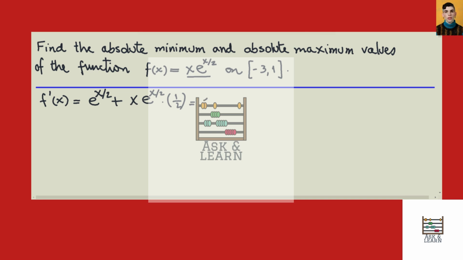And that is e to the x half, common factor, of 1 plus x over 2, and that's the same as 1/2 e to the x half times 2 plus x.